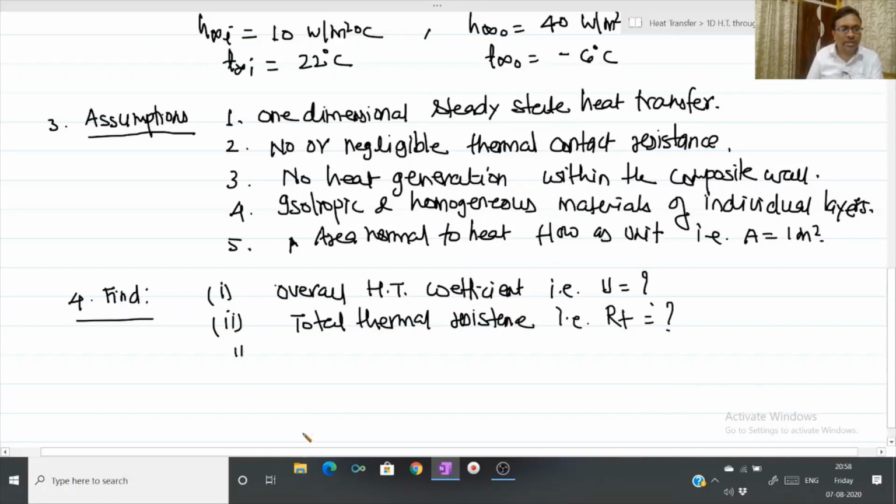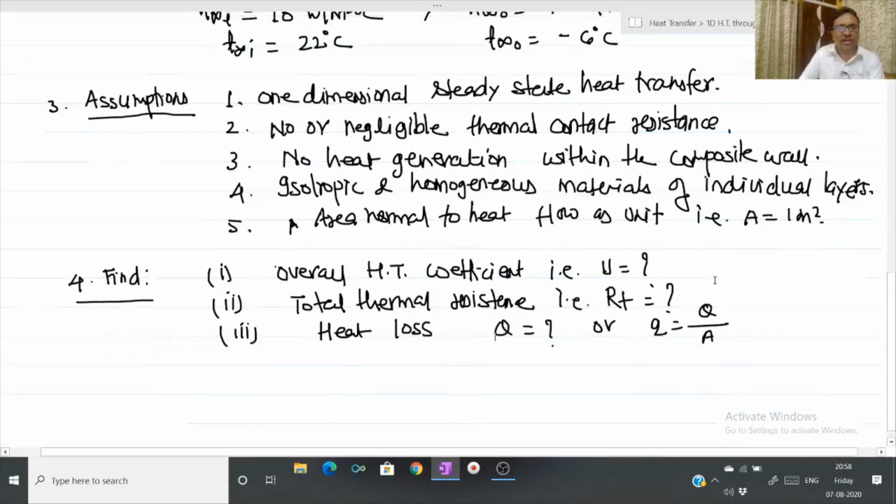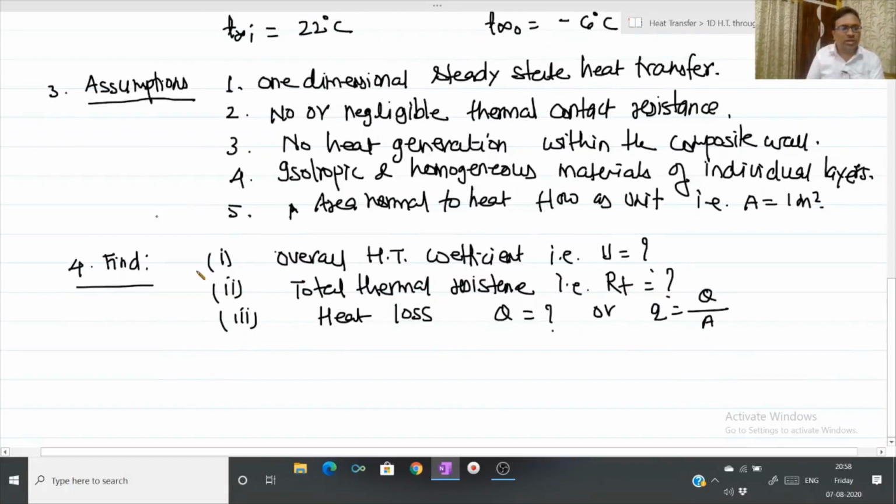And third thing, I am supposed to calculate heat loss. Since area is not given, so I will be calculating heat flux, that is heat transfer rate per unit area. So schematic, given, assumptions, find. And now let us do the detailed calculations.